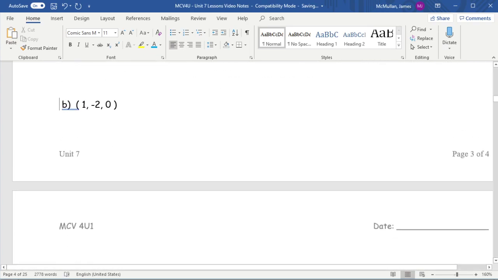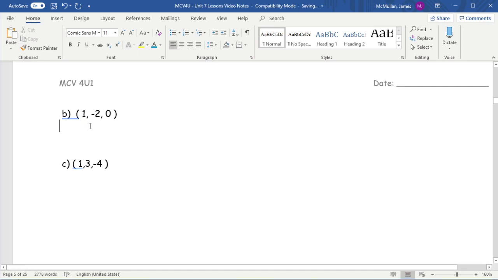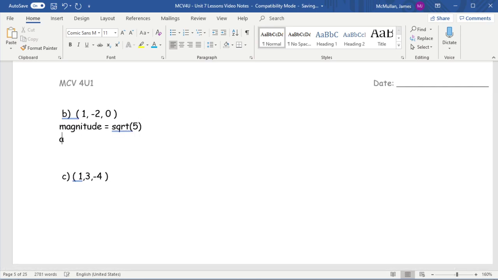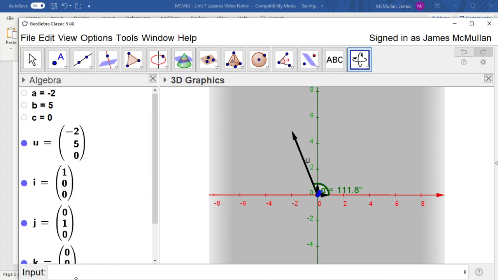Next question is the same thing, except this time the magnitude is equal to square root 5, and alpha is equal to inverse cos of 1 over square root 5. And alpha, therefore, is equal, let's just quickly change this one. So A is 1, B is -2.